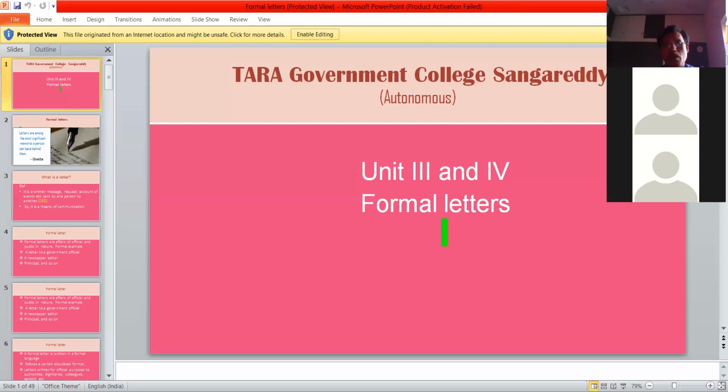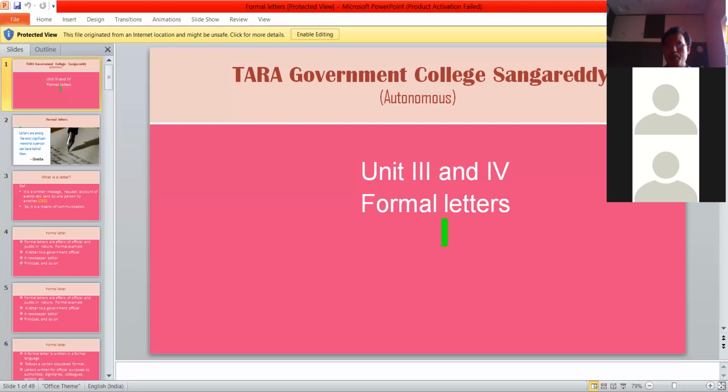And formal letters are exactly the opposite. You cannot write formal letters to parents, relatives, or friends. We write informal letters to them, whereas formal letters we write to officials, officers, and all the government officers.